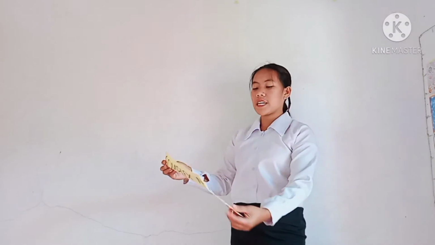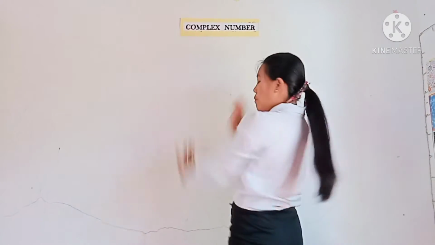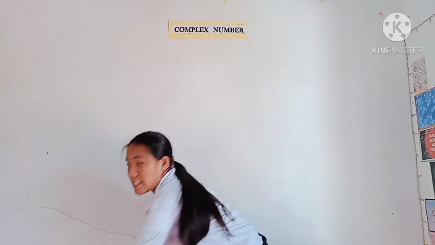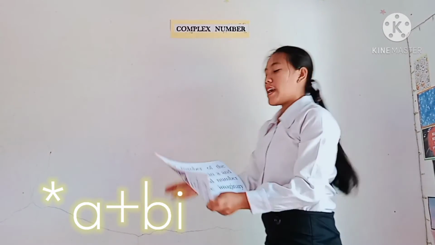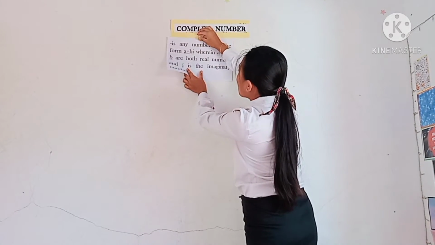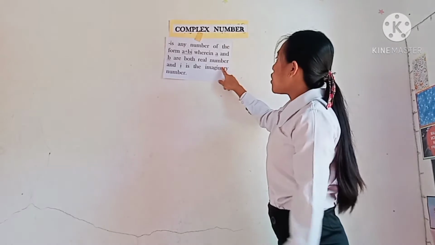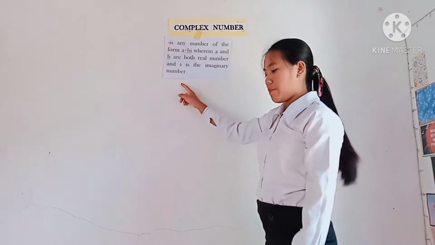Now, we will discuss the complex number. A complex number is any number of the form a plus bi, wherein a and b are called the real numbers, while the i is the imaginary number.